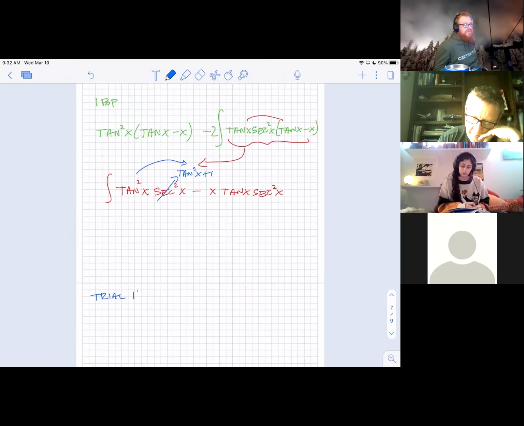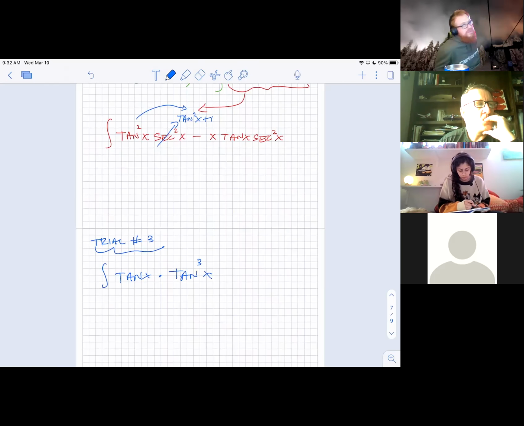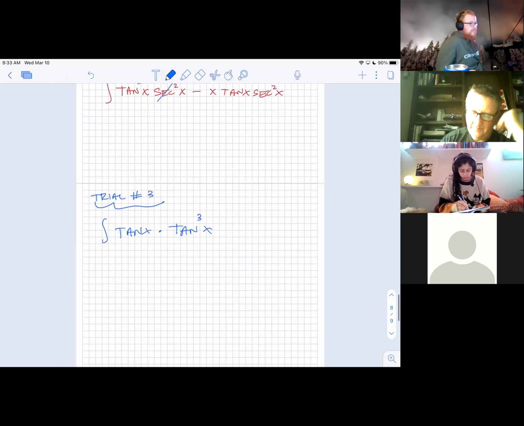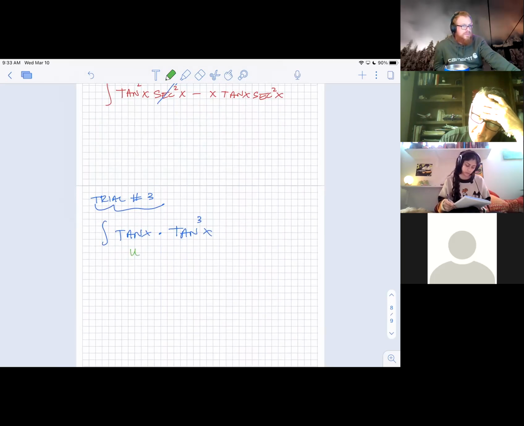Trial number 3. I'm going to split this into tangent of x and tangent cubed of x. Maybe that's the way I should be splitting this for integration by parts. Now I have a difficult choice to make. Which one is u and which one is v? Let's see, which one of those would be easier?